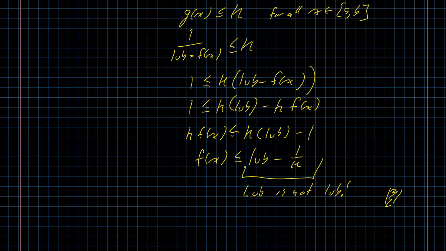Rearranging that equation, solving for f of x, we get that f of x is less than or equal to the least upper bound minus 1 over k.